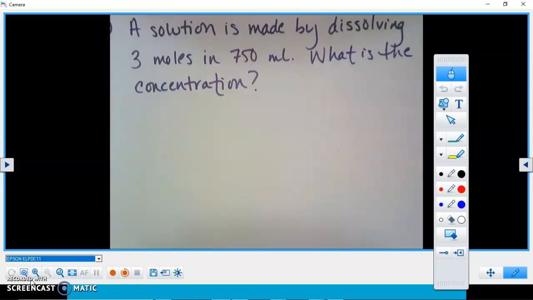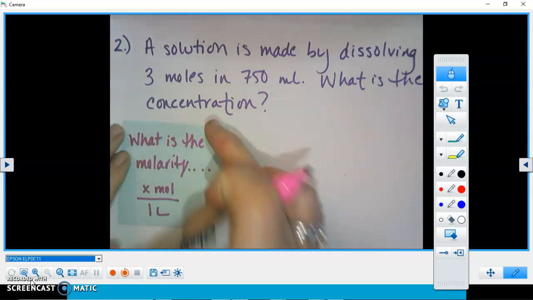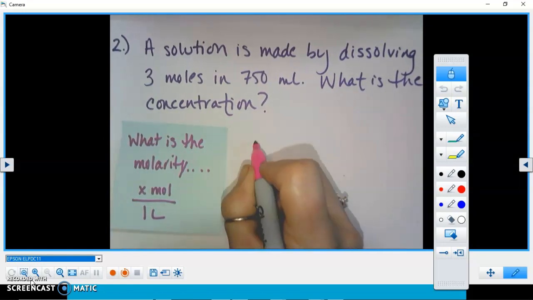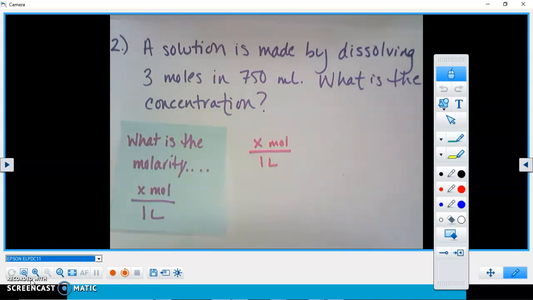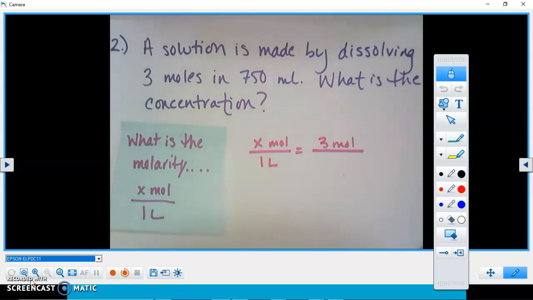The next example says a solution is made by dissolving 3 moles in 750 milliliters. What is the concentration? And since we're going to solve for concentration in terms of molarity, again, always think about that we're going to solve for X in moles per 1 liter. So we can fill in the other side of this by saying, well, how many moles do we have? There are 3 moles in this problem.